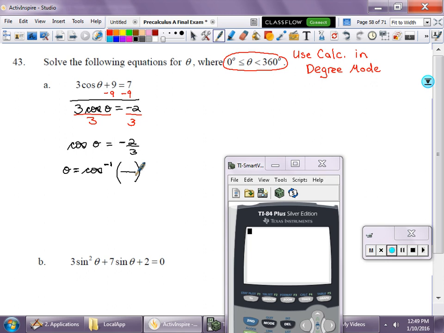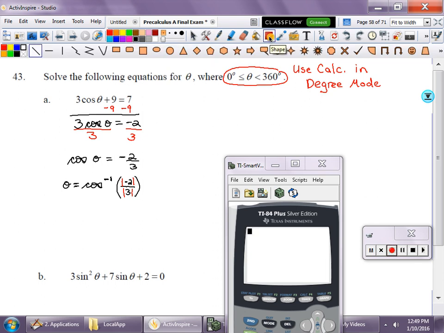Remember, we're looking at the reference angle, and the reference angle means the absolute value. The absolute value of any number is going to give us the positive value, and that'll be our reference angle.